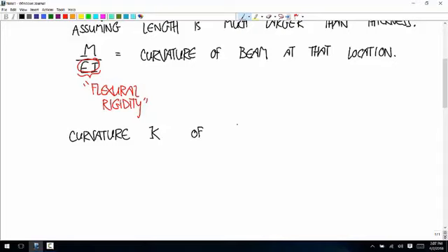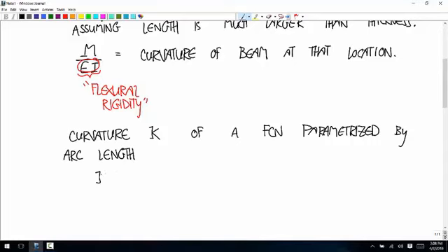Let's say of a function parametrized by arc length, I'll call this one g, so of a function g of s, s is the arc length, is dg ds.